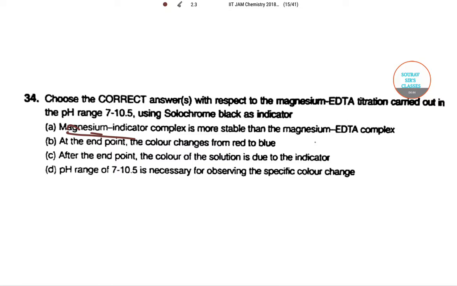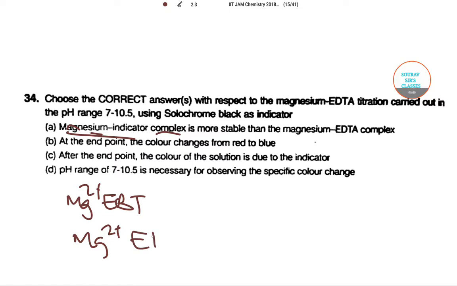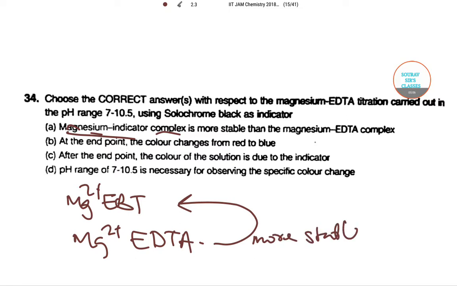Now we know that the magnesium indicator complex is not more stable than the magnesium EDTA complex, because first the magnesium forms a complex with EBT, and this paves way to the new complex, which is the Mg2+ EDTA complex, since this complex is more stable than the magnesium EBT complex. So option A is incorrect definitely.